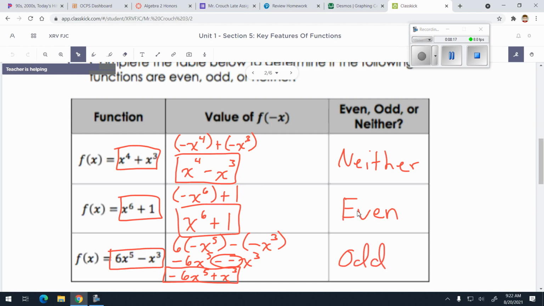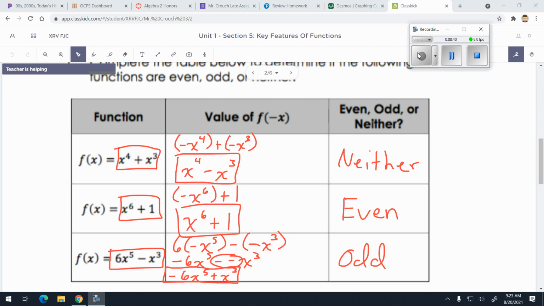Okay. Now, we're going to take a moment. I want you to look at these functions here and your answers over here and see if you find the pattern. If you look at this last one here, both exponents are odd.